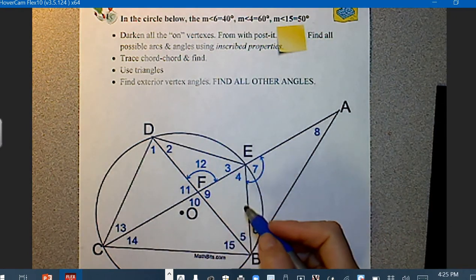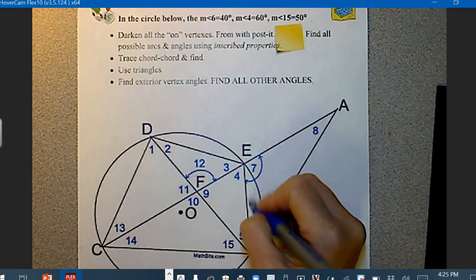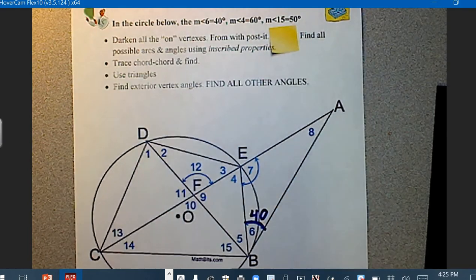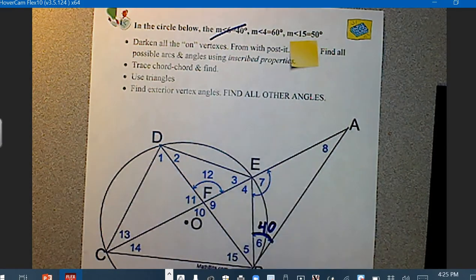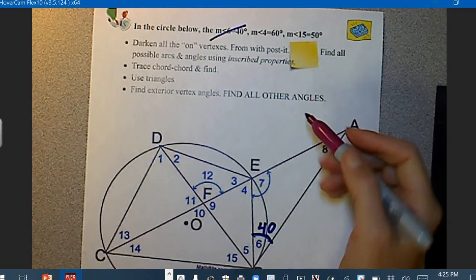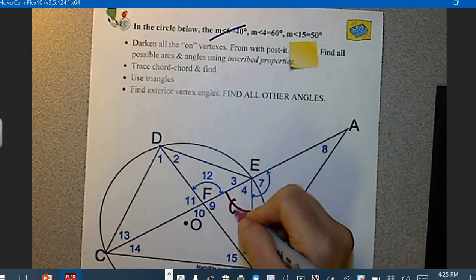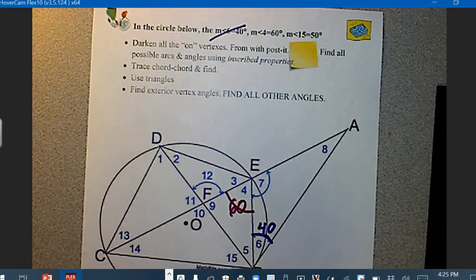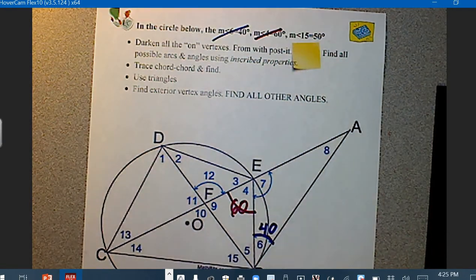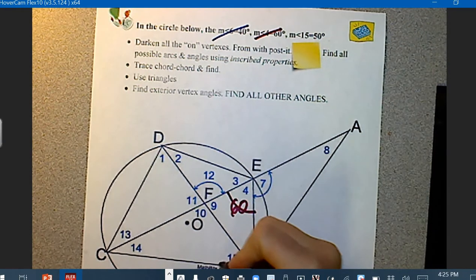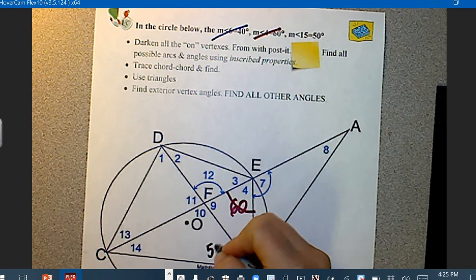So angle 6 is right here, that's 40 degrees. Measure of angle 4 is 60. And the measure of angle 15 is 50.